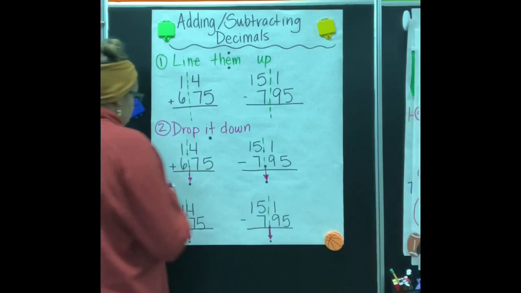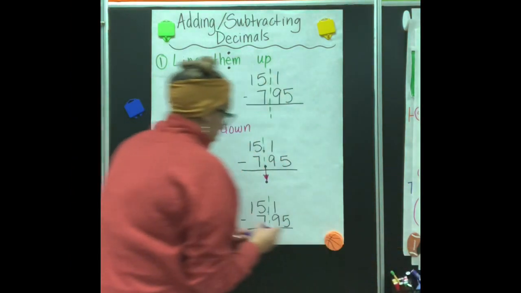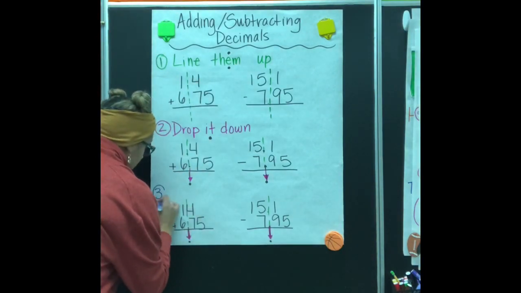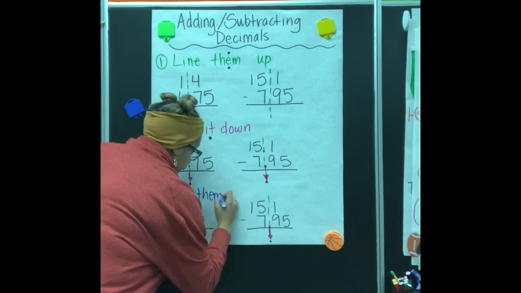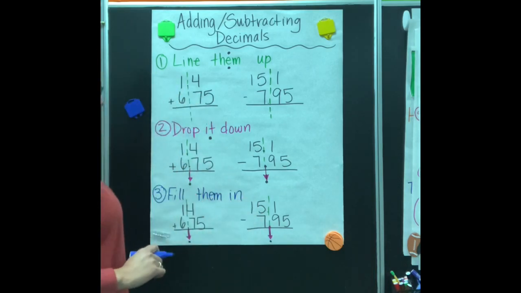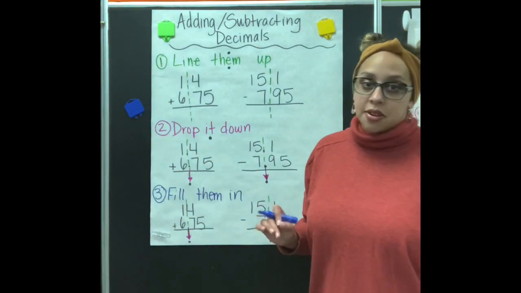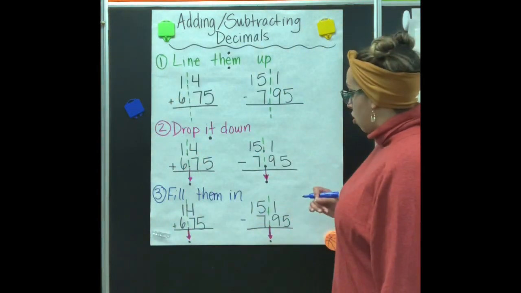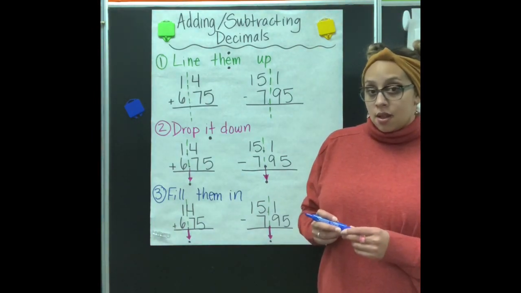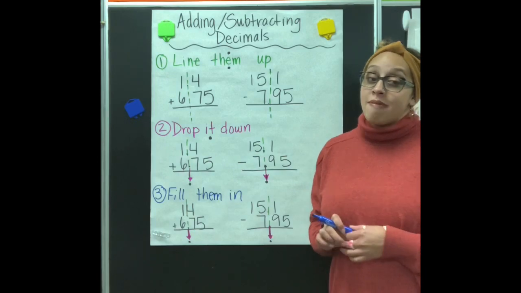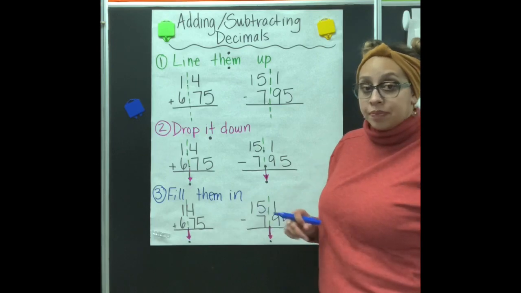The next thing we're going to do is use the right marker. We are going to fill them in. And the them in this is going to be the empty spaces on our problems. We're going to fill them in with what's a good placeholder that doesn't change the value of our numbers if it's behind the decimal.